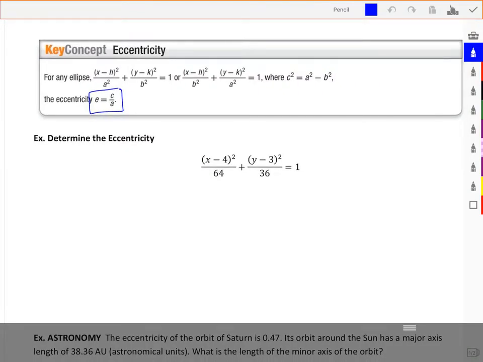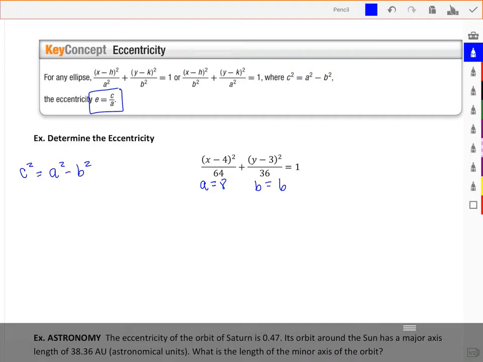I've got x minus 4 squared over 64 plus y minus 3 squared over 36 is equal to 1. Taking a look here, I know that my a is 8 because that's the square root of 64. b is 6, the square root of 36 there. I need c. So remember, c squared is equal to a squared minus b squared.